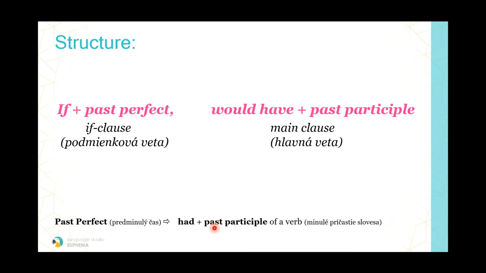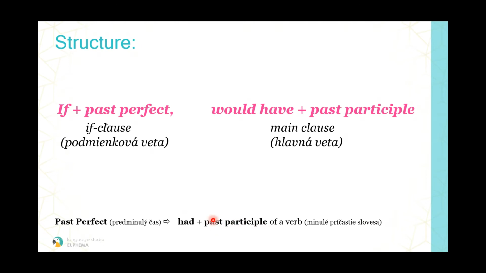Past participle in regular verbs is this -ed ending. For example, work, worked. And in irregular verbs, it is this third column that you can see in the list of irregular verbs. For example, swim. Yes, you have swim, swam, swum. So this third one, the third form of the verb, is the past participle.